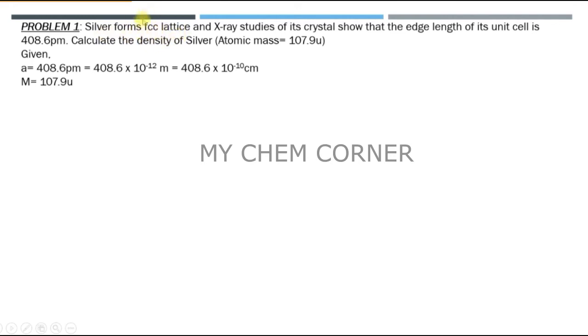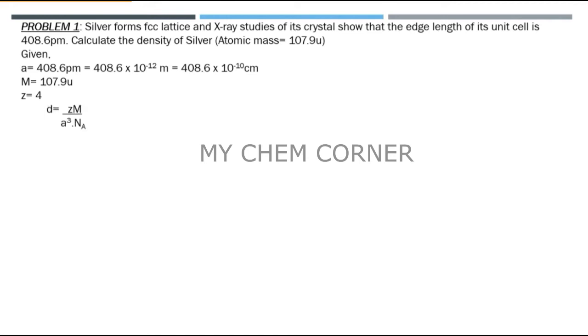The minute you know that this particular crystal is of an FCC lattice, the number of atoms per unit cell for an FCC is 4. Therefore, Z is equal to 4. So we know what is A, we know what is M, we know what is Z. And Na, which is the Avogadro's number, is a constant value, 6.022 into 10 to the power 23. That should be known by heart. So we have all the values.